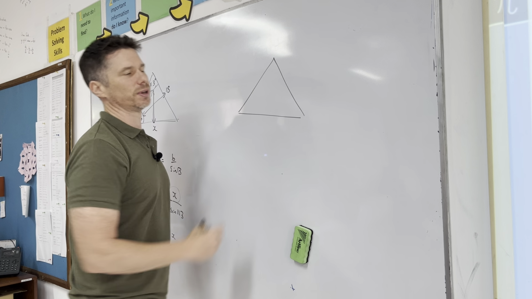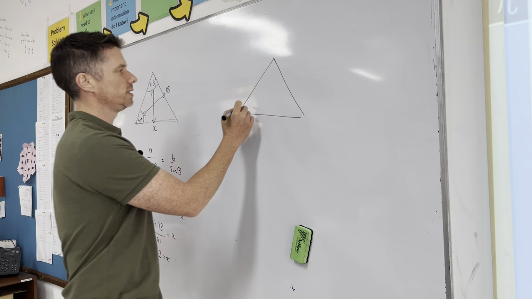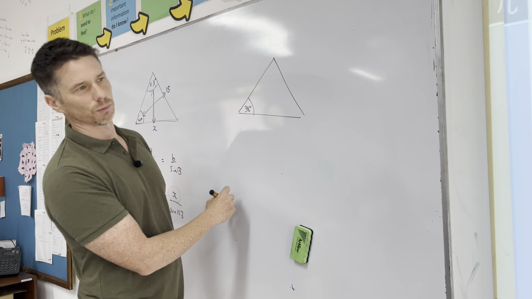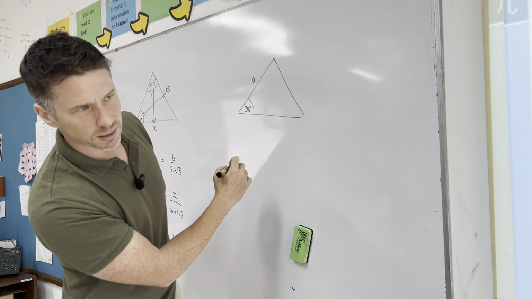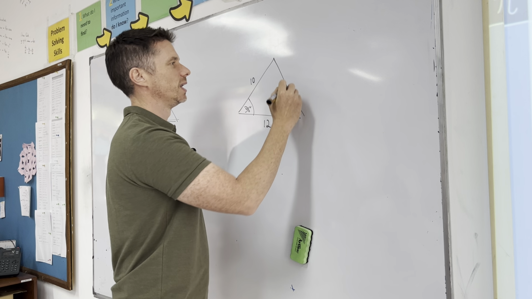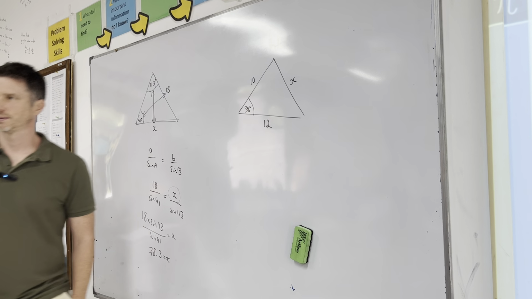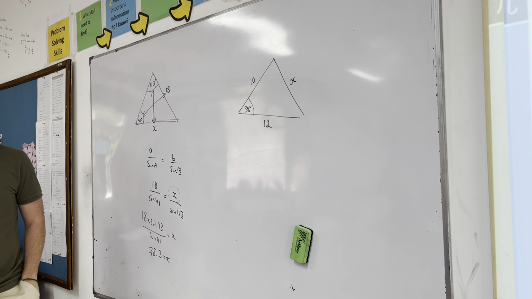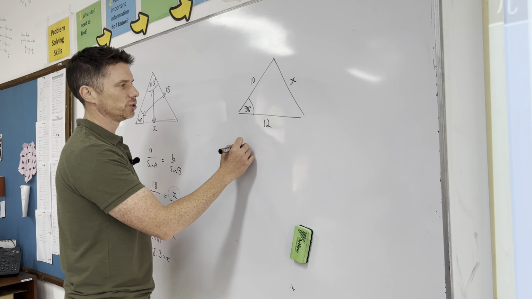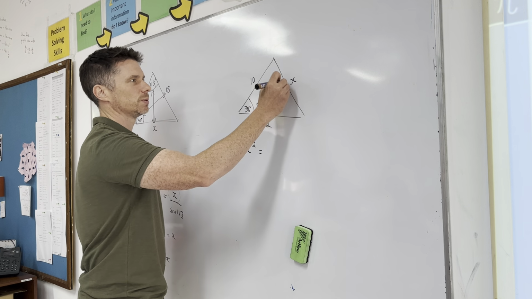Okay, we have 38 degrees here, and they want to find, this is 10, this is, I'm going to say 12, this side. How would I go about it? Cosine rule. Okay, so I'll set it up. I'm not going to do it, but x squared has to be opposite the angle.